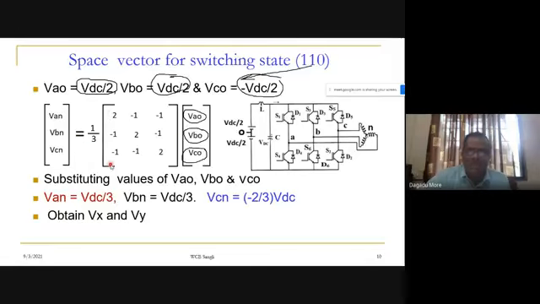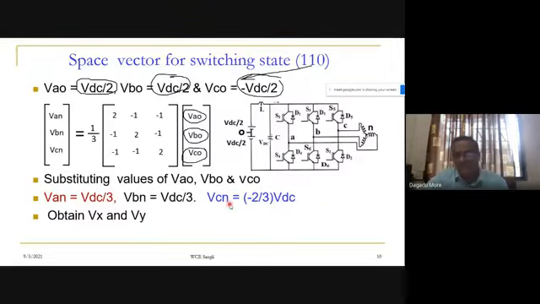You get VAN, VBN and VCN. Just compute this: VAN will be 1/3 VDC, VBN will be 1/3 VDC, and VCN will be minus 2/3 VDC.